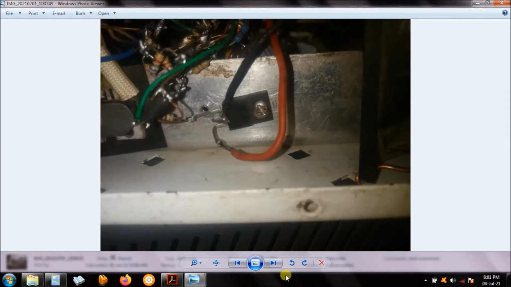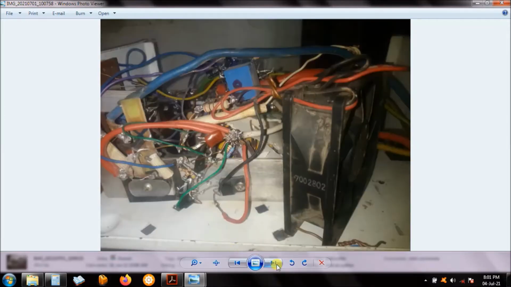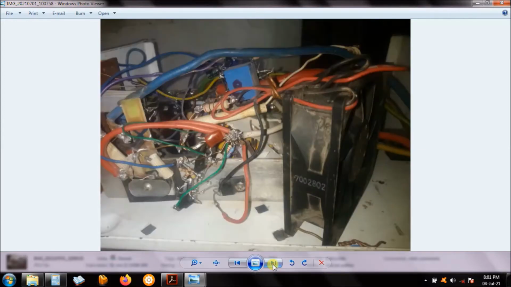As you can see, it's actually picked from disused equipment. I think these fans were coming from a computer power supply. This is a computer power supply fan, still with its dust and all that. Yeah, I use recycled material.